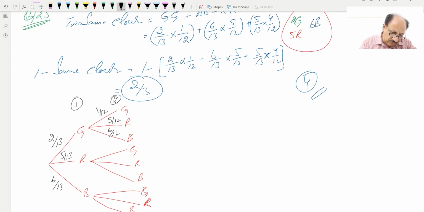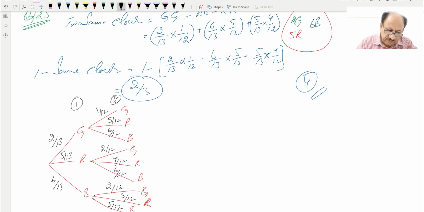Now green 2 by 12, and red is 1 gone, so 4 by 12, and blue will be 6 by 12. And in this case green will be 2 by 12, red will be 5 by 12, and blue 1 gone, so 5 by 12.